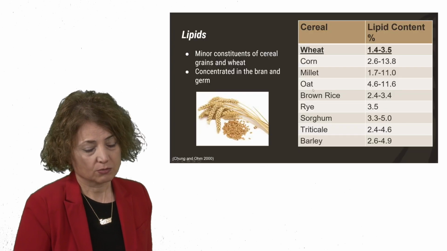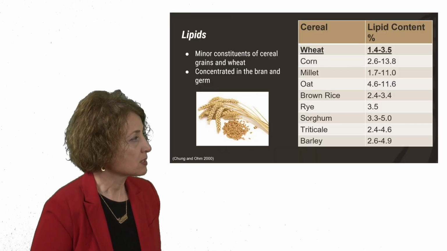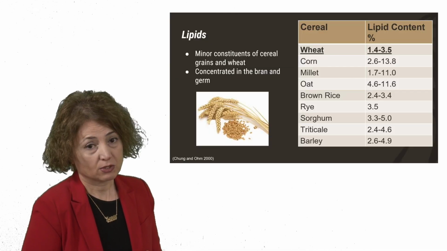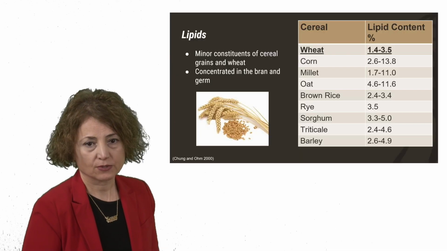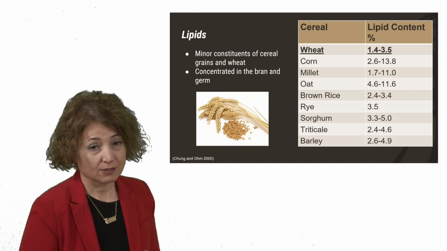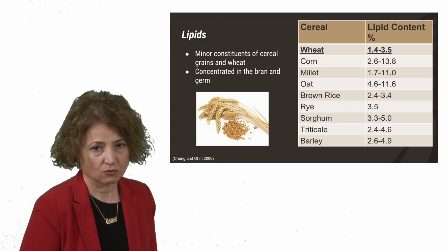Now I'm going to talk briefly about lipids. Lipids are minor constituents of the cereal grains and are concentrated in the bran and germ. When we talk about grain chemistry and quality, the most studied molecules are proteins, carbohydrates and starch, and there is relatively less research on wheat lipids.